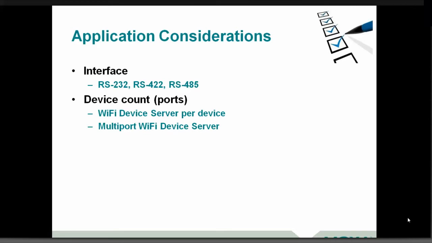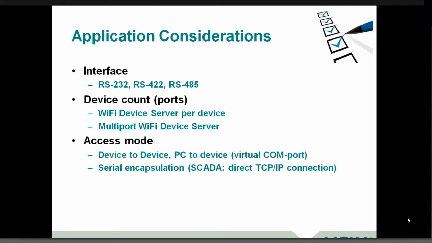One common thing in that application scenario with the CNC machine is we're finding that some of the integrators out there doing this also are deploying a barcode scanner to be able to do job control. So you might need one serial port for the CNC machine, one serial port for a barcode scanner. You might want a two-port Wi-Fi device server for that.